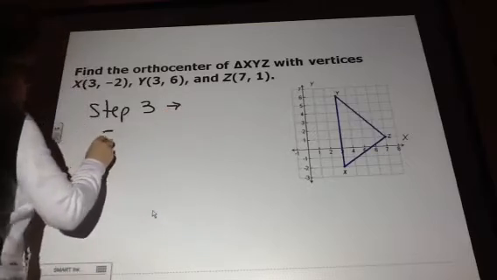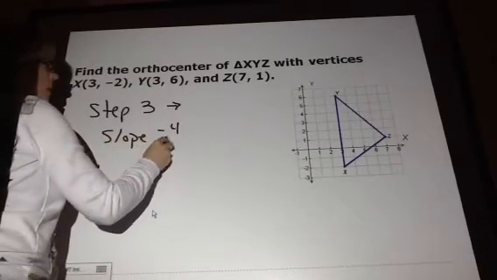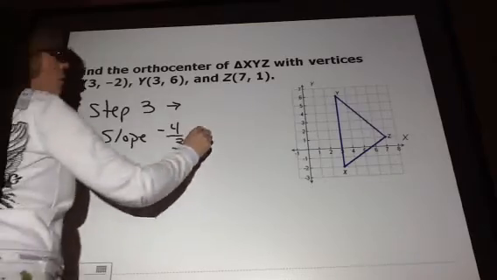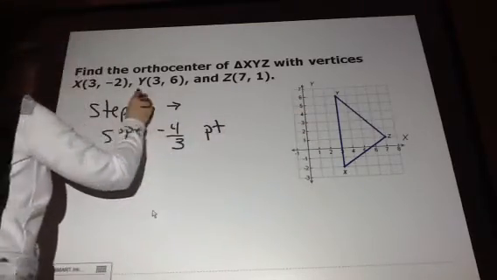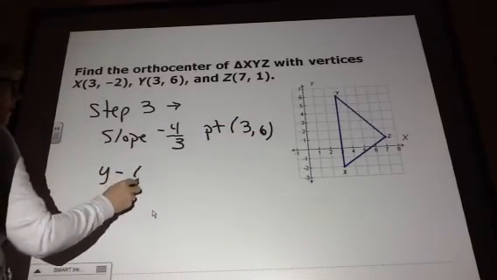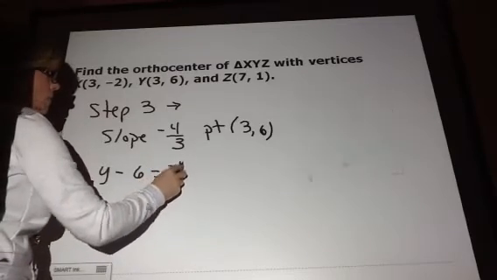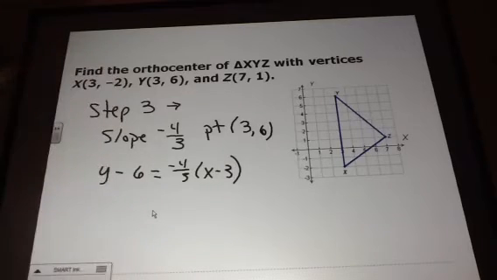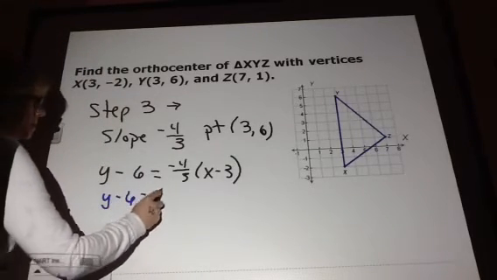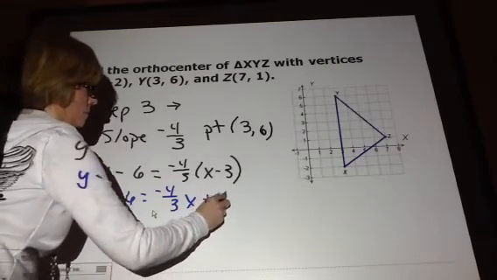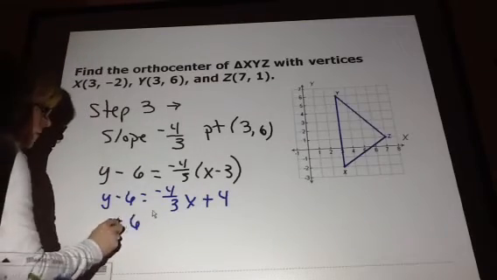So we're going to use the slope with the opposite reciprocal, and we're going to use point Y, which is (3, 6). Let's substitute in. y minus 6 equals negative 4/3 times (x minus 3). Let's clean this up. Let's isolate our variable y.